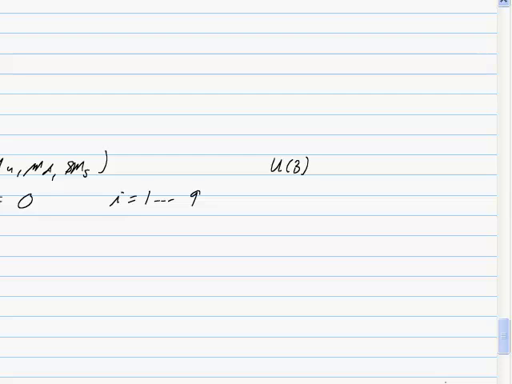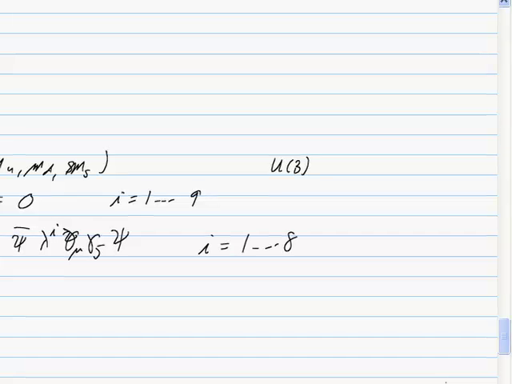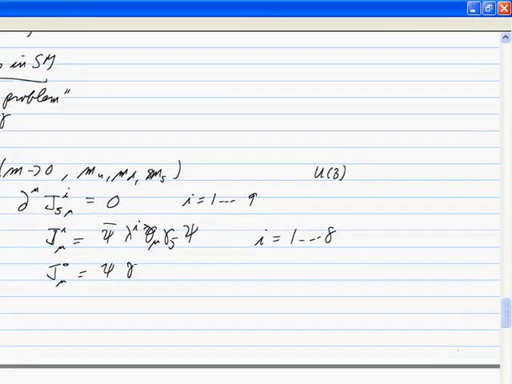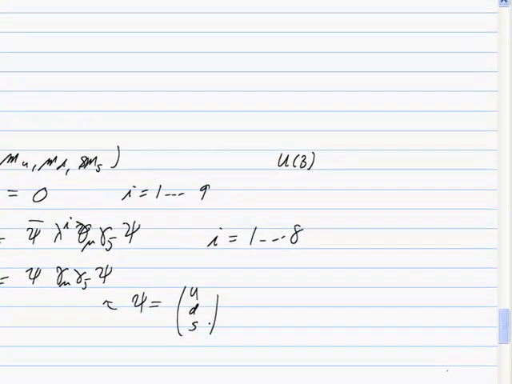It's just because it's a U3 symmetry, really. There's three quarks. The currents, in fact, are the following: J_i mu is psi bar lambda_i gamma mu gamma 5 psi for i equal to 1 up to 8, and J_0, the 9th one, is psi bar gamma mu gamma 5 psi, with psi being u, d, s.